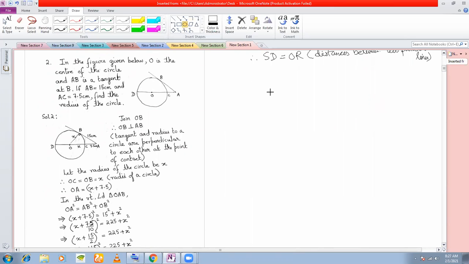Let me draw the figure. It's a fairly simple problem, not too difficult. This is the diagram that is given to you.